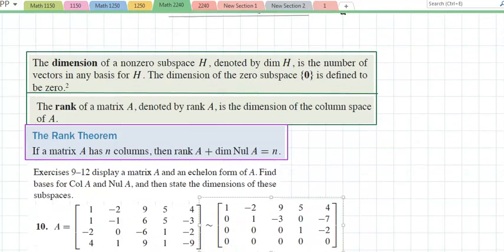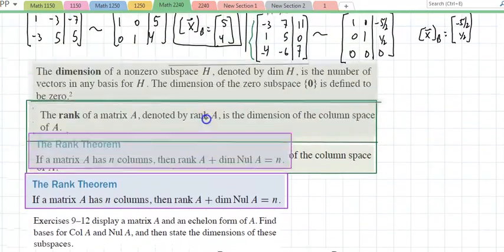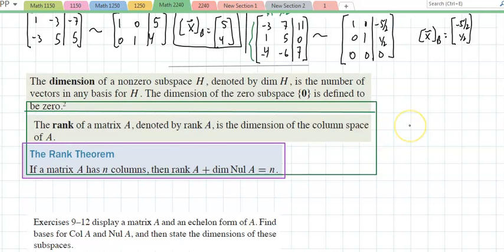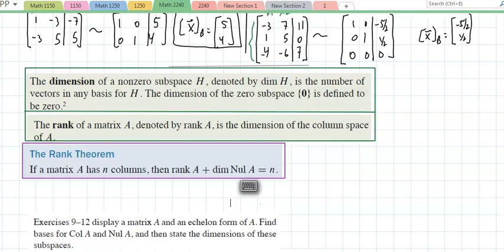And there it is. Now, let's get those defined so we can play with them. The dimension of a non-zero subspace H, denoted dim H, is the number of vectors in any basis for H. The dimension of the zero subspace is defined as 0.